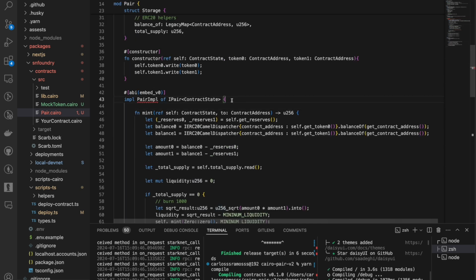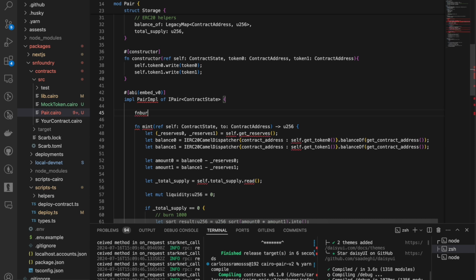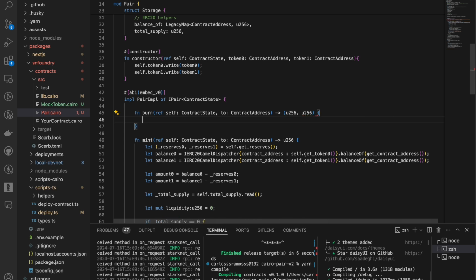Now let's implement the function. So this is going to be the same, and it's going to also give me 2 numbers. Okay. There we go. This is the function.